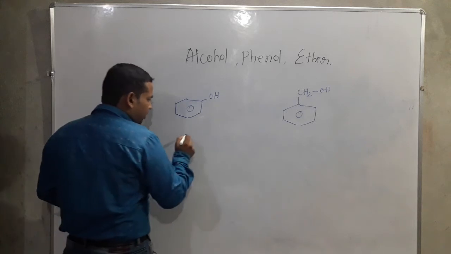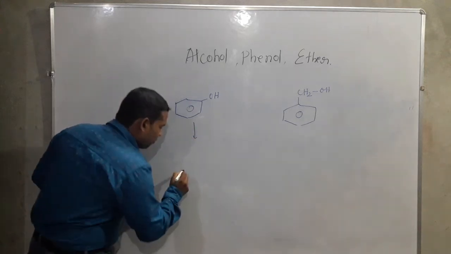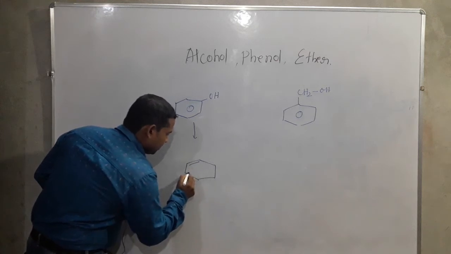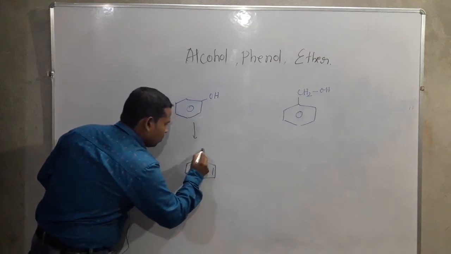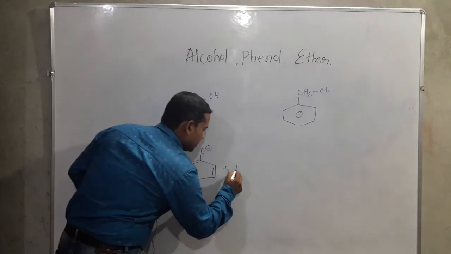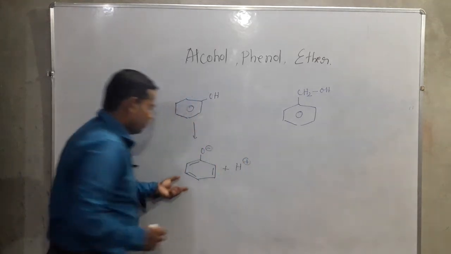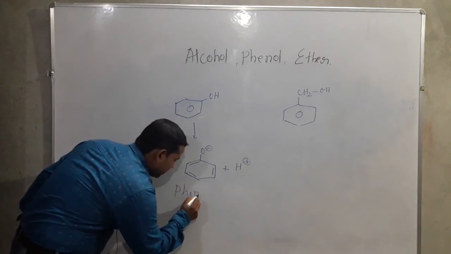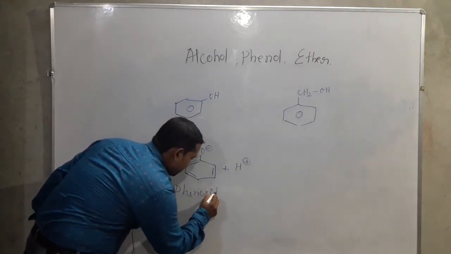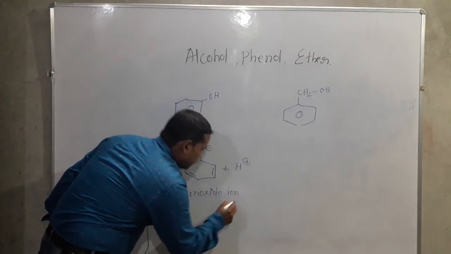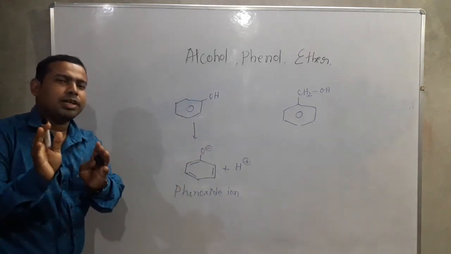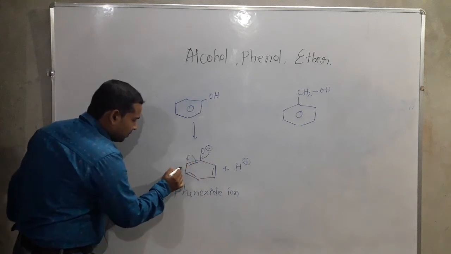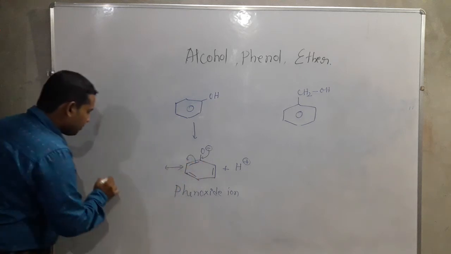In the case of phenol, what happens is it dissociates and forms O minus plus H plus. This is known as the phenoxide ion. This ion is highly stable due to resonance. Clear, people?